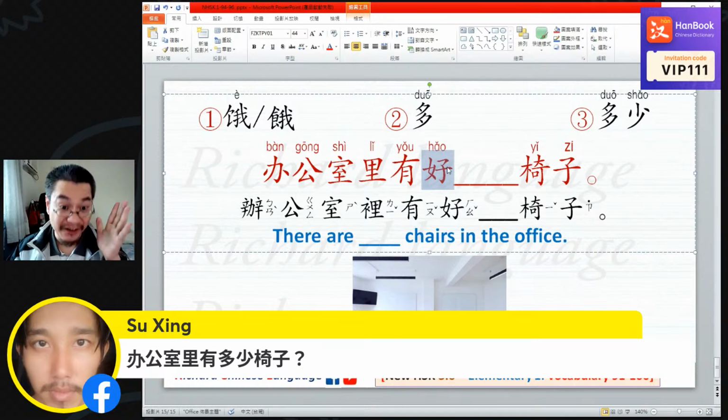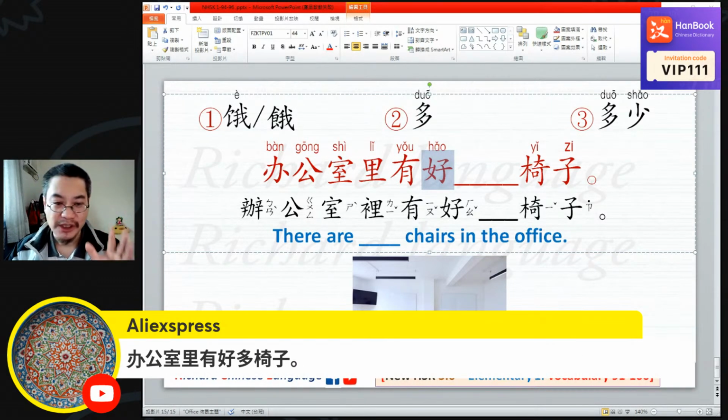Your sentence is correct. How many chairs are there in the office? Your sentence is good. But I have a word 好 here, so you need to use 好. 办公室里有好多椅子. Very good. There are many chairs in the office.